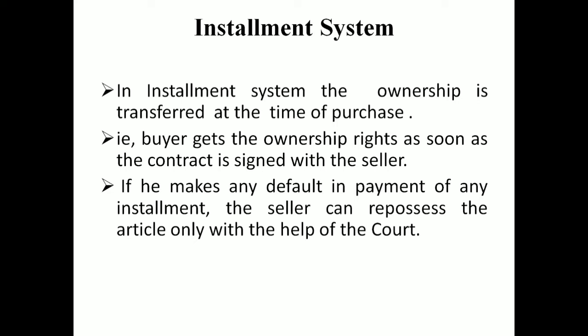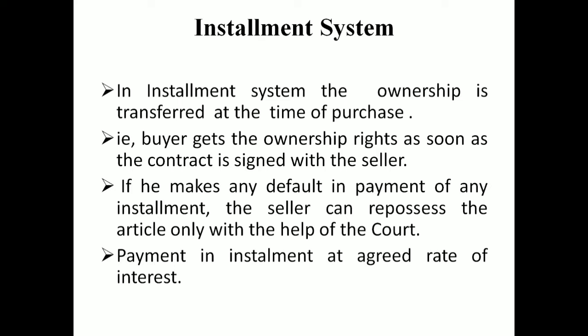That means the seller can approach the court, and only with the order or notice from the court can they repossess the article from the buyer. So that is the importance of an installment system.